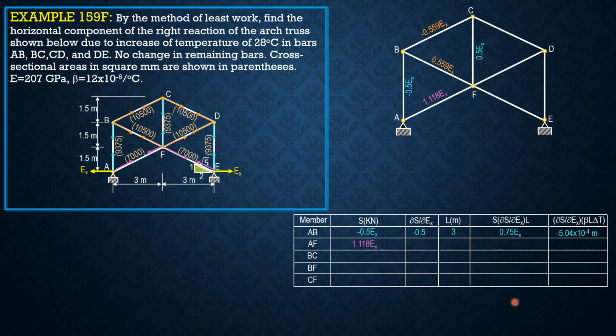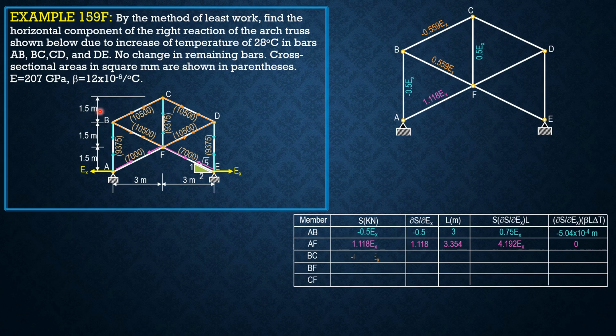For member AF, 1.118 EX, partial derivative 1.118, the length is 3.354, then the product here. AF has no contribution to temperature change, so that's 0.